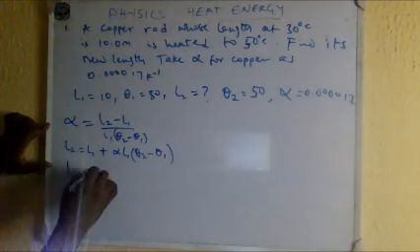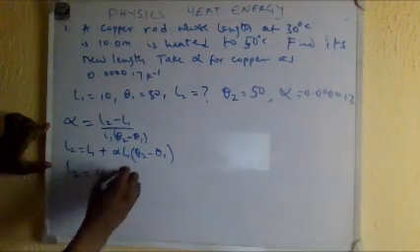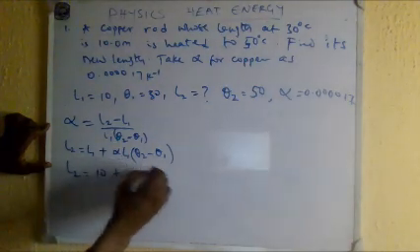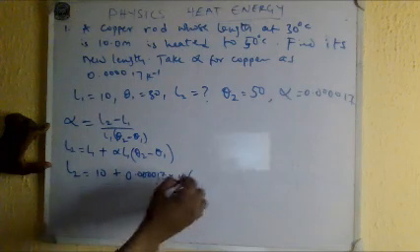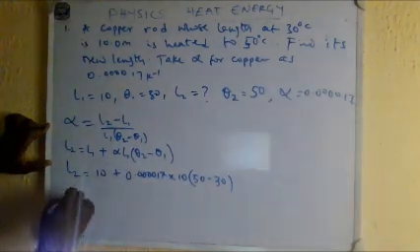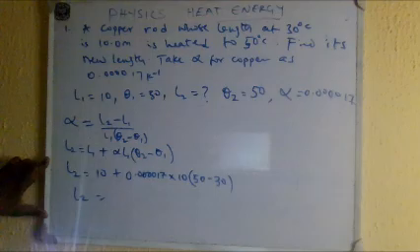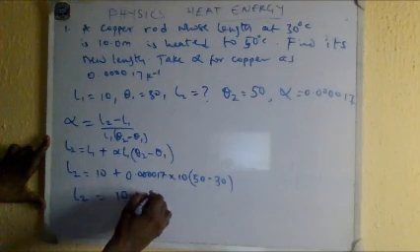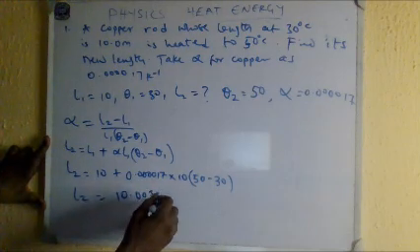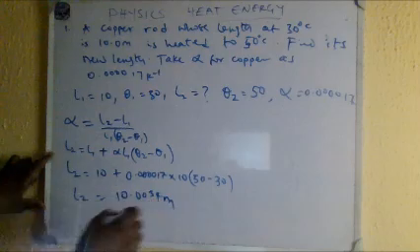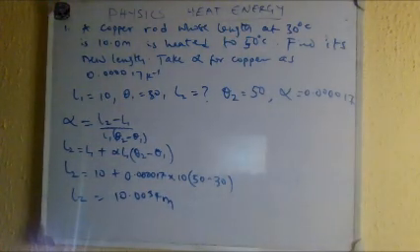L1 is 10 from here, plus expansivity is 0.000017, L1 again is 10, open bracket, 50 minus 30. That's the change in temperature. So by the time you compute this mathematically, you get your L2 as 10.00344 meters. Meters, because the initial one is in meters.